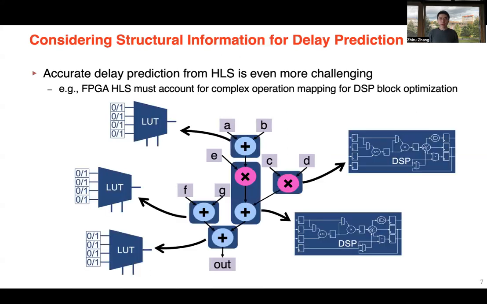For example, if you target FPGAs, it is important to consider how operations are connected and how they are clustered and mapped to hardened blocks like these DSP units. Such operation mapping can play a major role in determining the performance in terms of both frequency and latency of the HLS design.